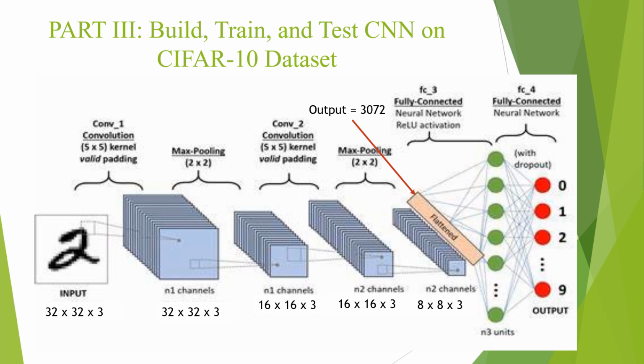In this particular case, we're using a stride of 2x2, and so it's going to be reduced to half. You can see, instead of it being a 32 by 32 image, now it's a 16 by 16 image after it's gone through the first pooling layer.